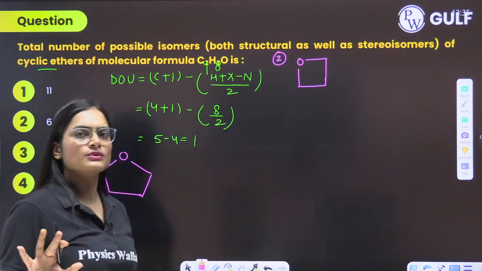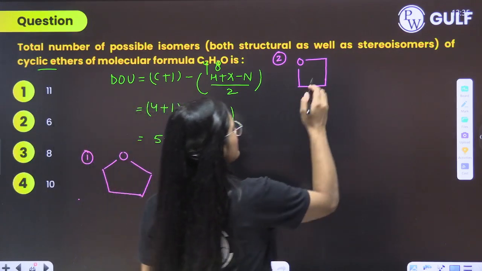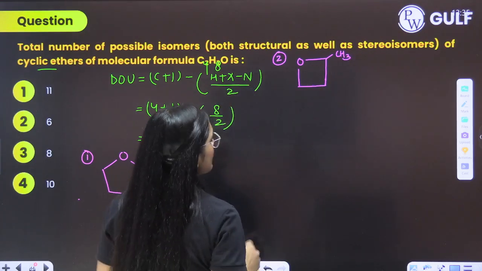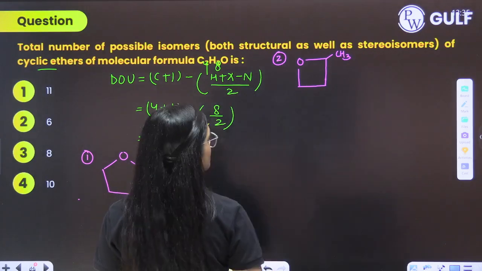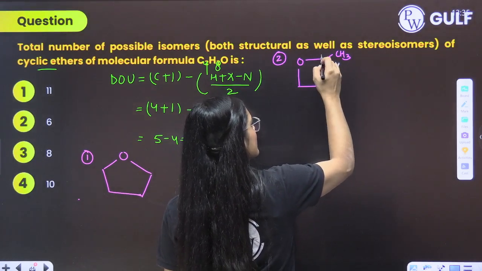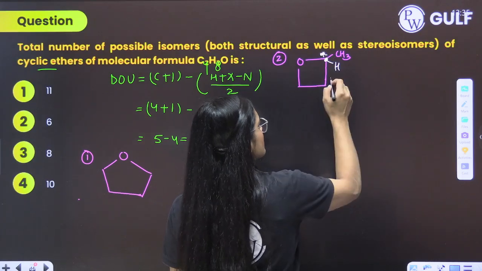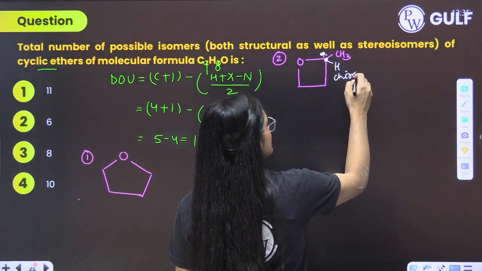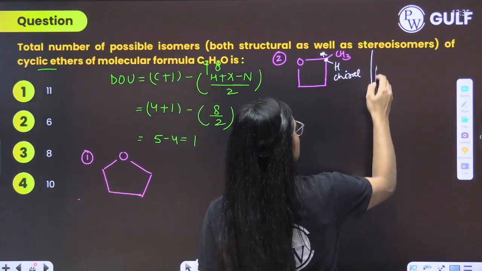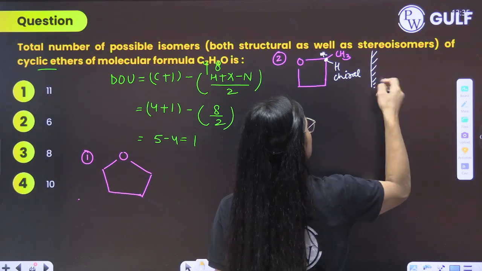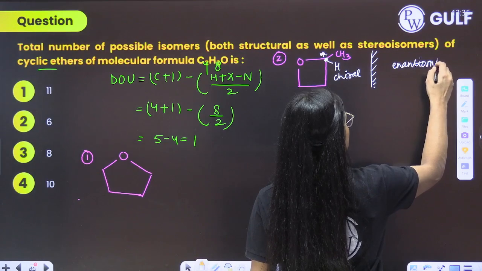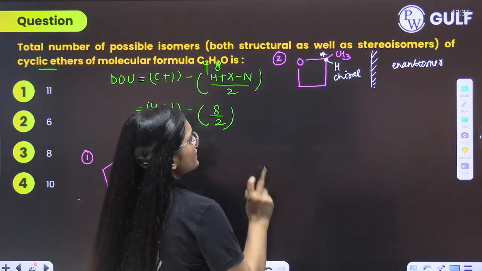Now 1 carbon atom is remaining, so that 1 carbon atom you can attach here, and now this carbon is chiral. Because it is chiral, you can draw its enantiomer by putting a mirror. Alright, so this is one.